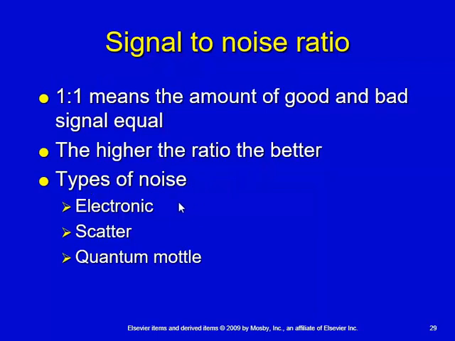We've got electronic noise, we've got scatter radiation, and we've got quantum mottle. So the old saying about computers, garbage in equals garbage out, applies here. The better signal that we have with the least amount of noise, the better image we can display. So we want to limit the scatter radiation. We want to eliminate quantum mottle if at all possible, and not have electronic noise on the image.